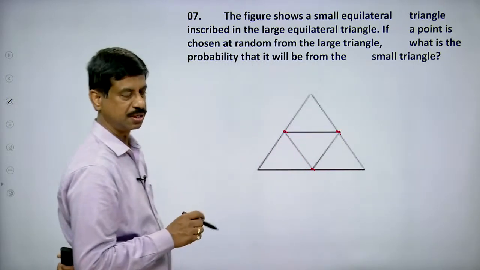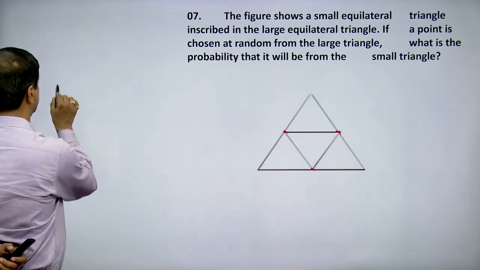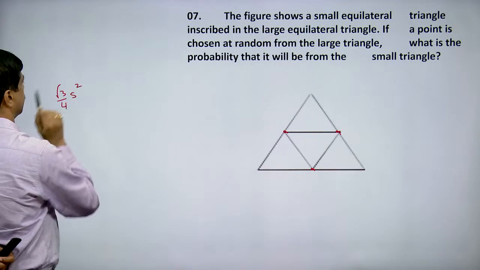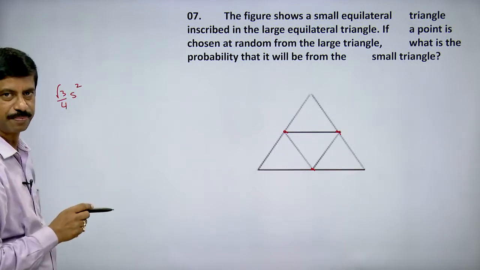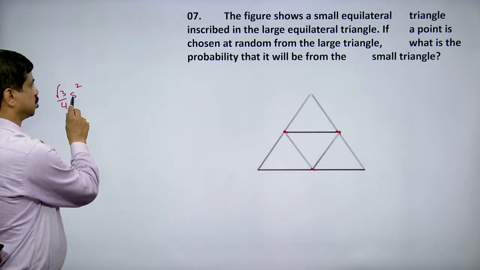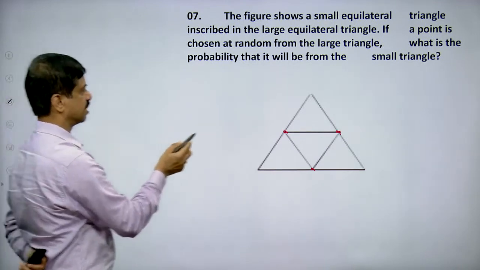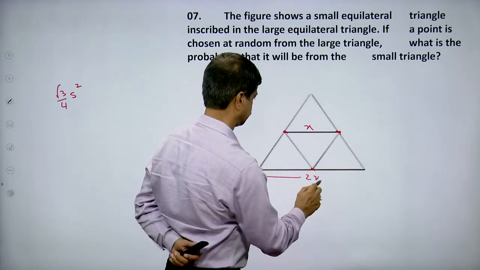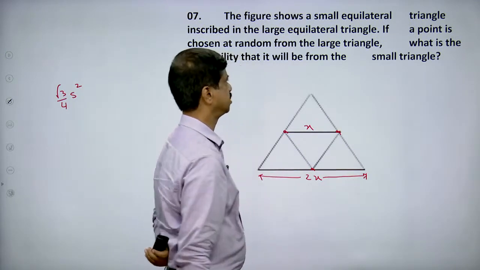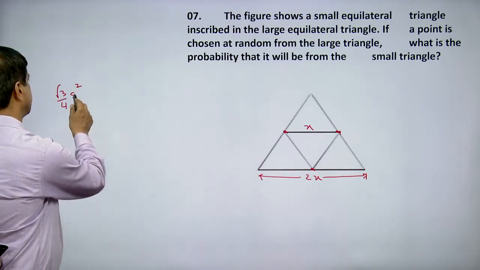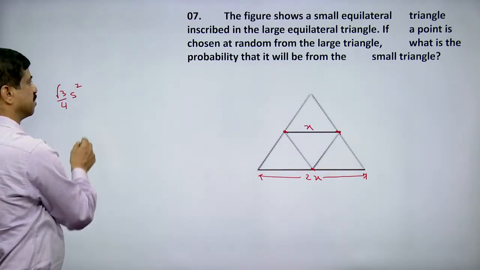Right? So area of equilateral triangle is root 3 by 4 into side square. So side of larger one is 2 times the side of smaller one, because if this is x, this will be 2x. Children, so area of smaller by larger is 1 by 2, squared, is 1 by 4.